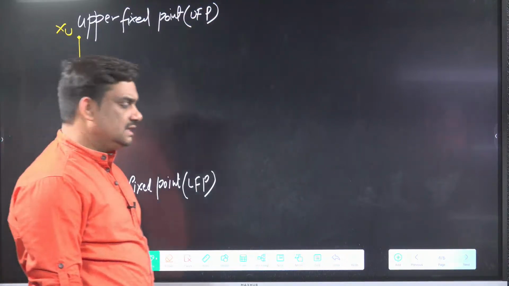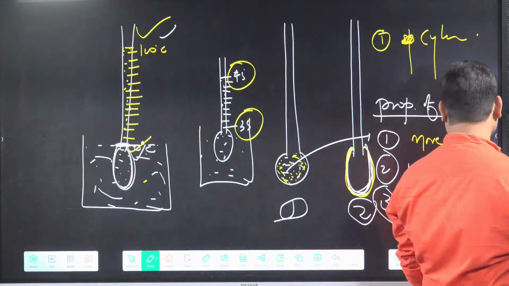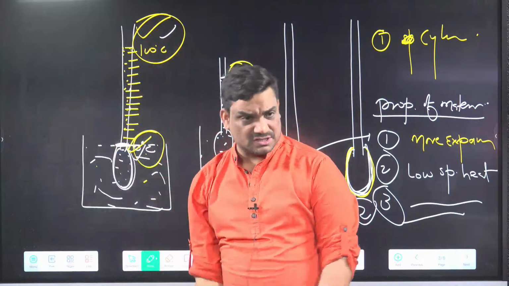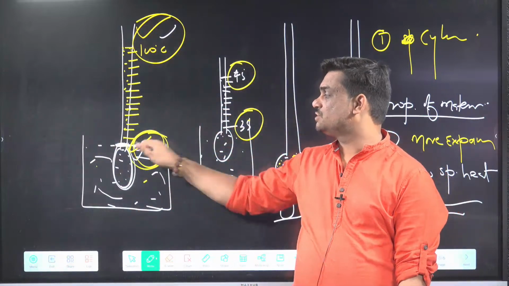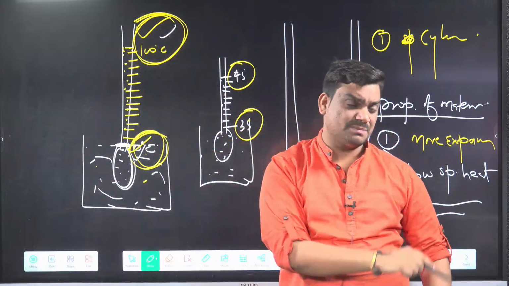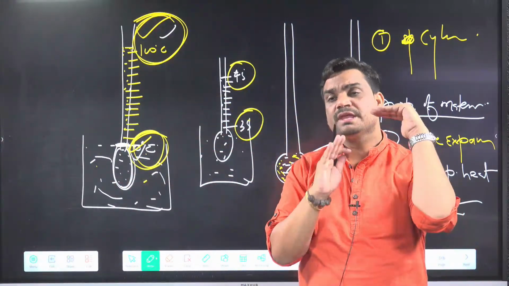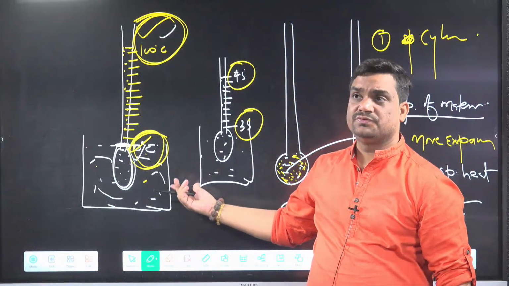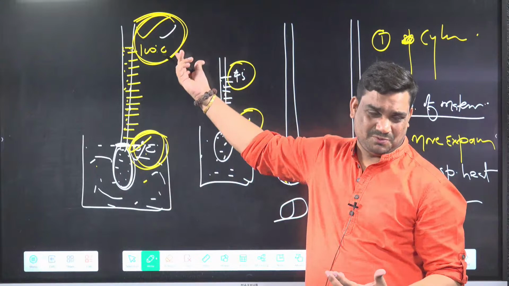Sometimes I can use 0 degrees Celsius here and 100 degrees Celsius here. 0 degrees Celsius is known as the freezing point, and 100 degrees Celsius is known as the boiling point. Sometimes this language is used in questions: ice point, freezing point, boiling point, steam point.